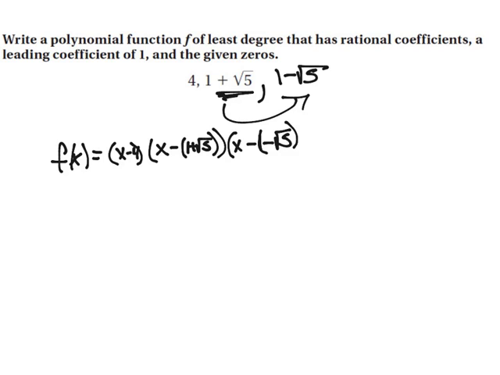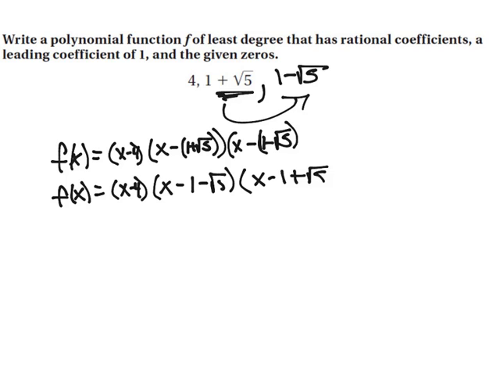And then we can distribute the negatives here. That should be a 1 there. Distribute our negatives here, so f of x equals x minus 4, x minus 1 minus square root of 5, x minus 1 plus square root of 5. And then we multiply through, but multiply the irrationals first.